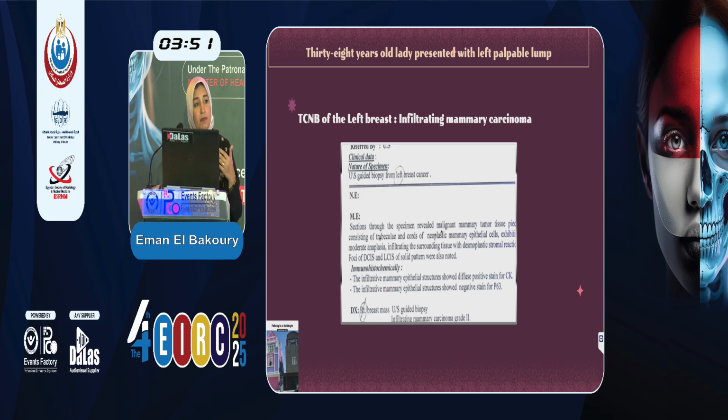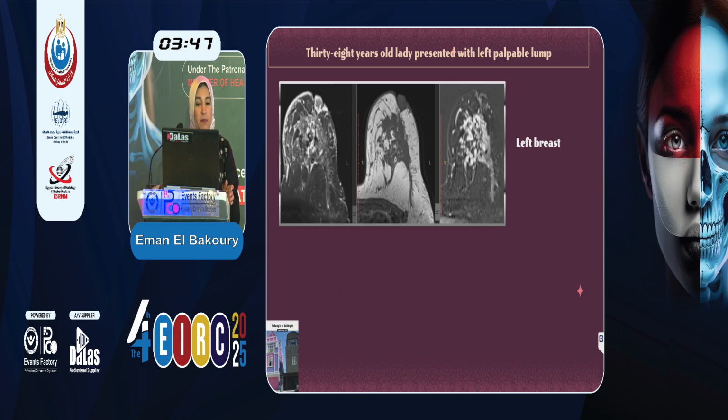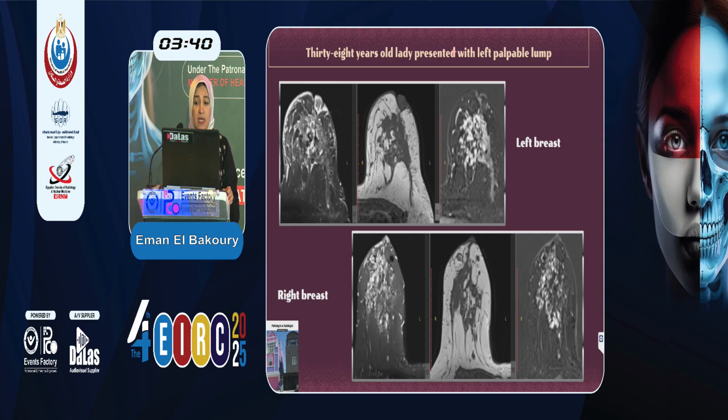So because lobular carcinoma is bilateral and multicentric in many cases, we went for MRI. And here we can see the clumped diffuse non-mass presented in the left breast. However, a morphologically similar, to a lesser extent, non-mass can be seen in the right one. So we assigned BI-RADS 6 for the left one, BI-RADS 4 for the right one, and asked for biopsy.